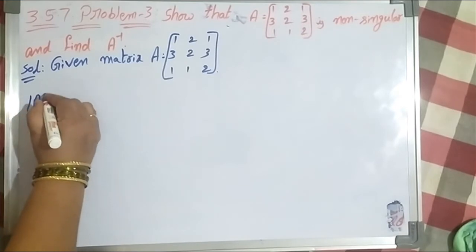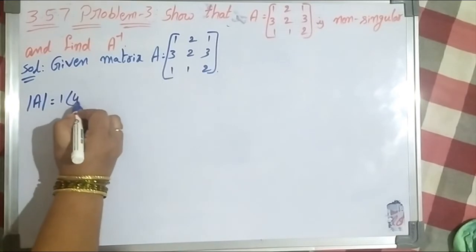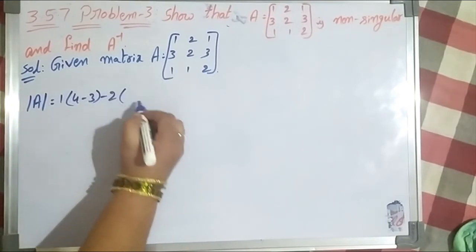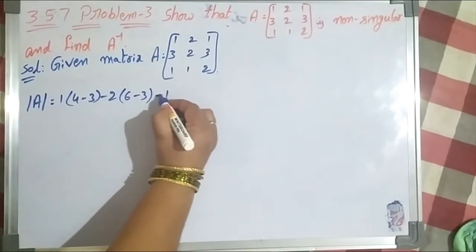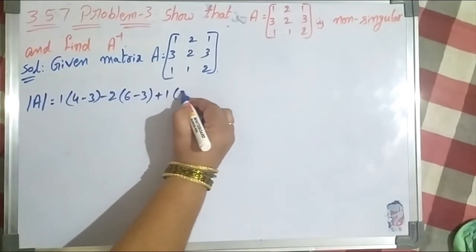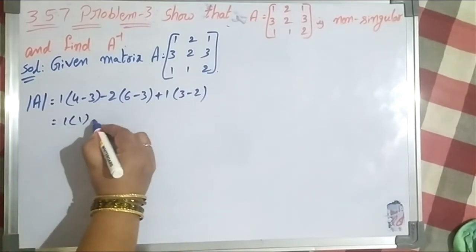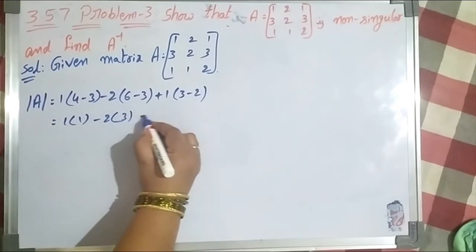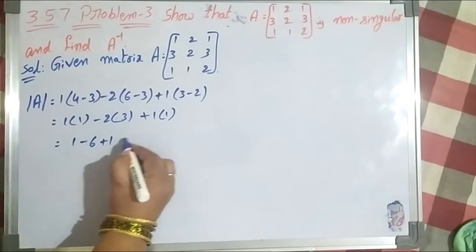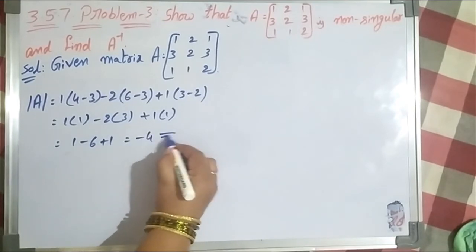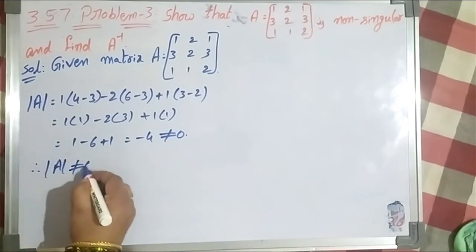Then we find det A, that A equal to 1 into (4 minus 3) minus 2 into (6 minus 3) plus 1 into (3 minus 2), equal to 1 into 1 minus 2 into 3 plus 1 into 1, 1 minus 6 plus 1 equal to minus 4. This is not equal to 0. Therefore, det A is not equal to 0.